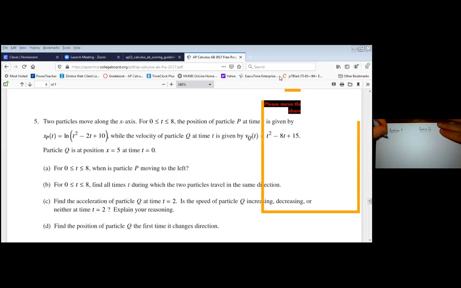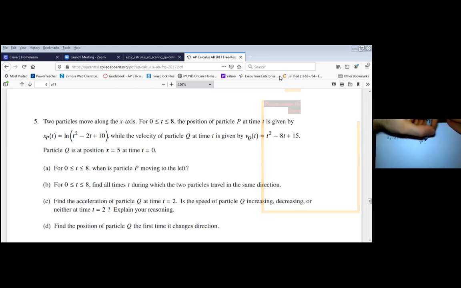We know X of P, the position function, that's natural log of T squared minus 2T plus 10. And we know that the velocity for particle Q is equal to T squared minus 8T plus 15.